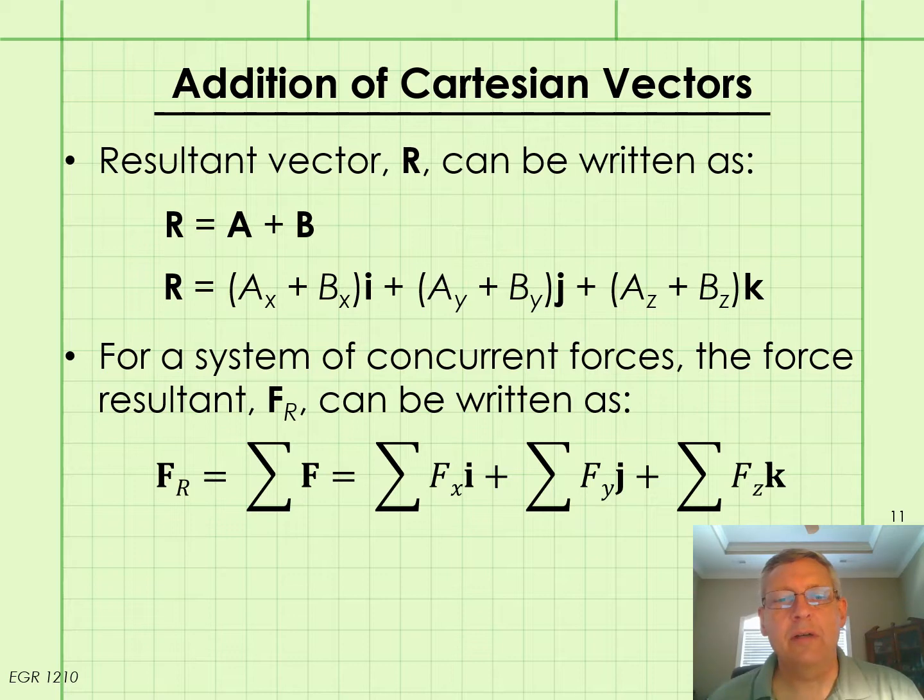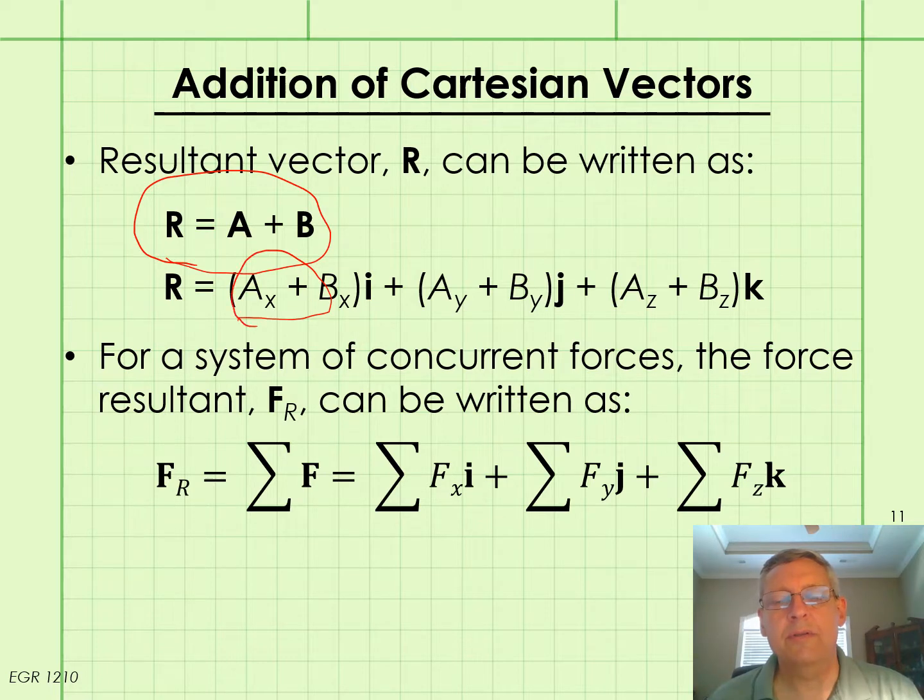The resultant of A and B can be written here, no different from our 2D equation, and we're going to calculate that resultant by adding all the I terms of the individual vectors together.